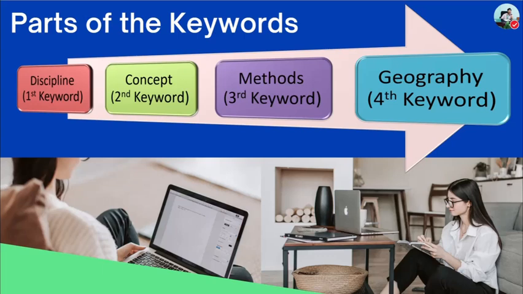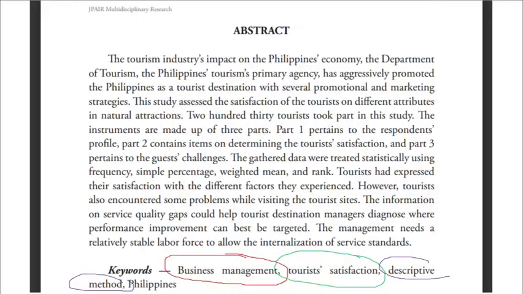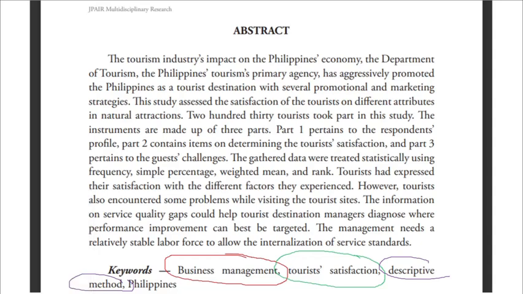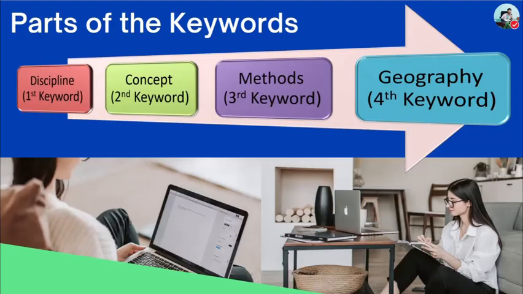Since this is not yet a publishable paper for your thesis, you can use other specific places or province, Bohol, or you can also use municipality. But if you're going to publish this one, you're going to use the name of the country. Since, for example, Bohol is not known to others, especially to foreign readers or researchers.